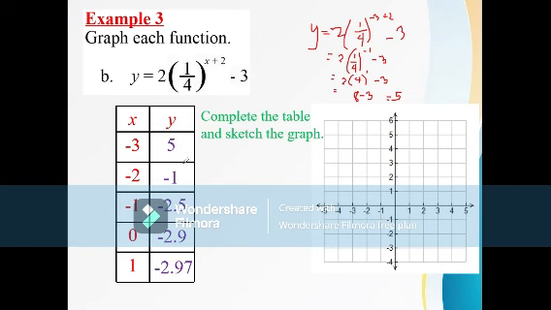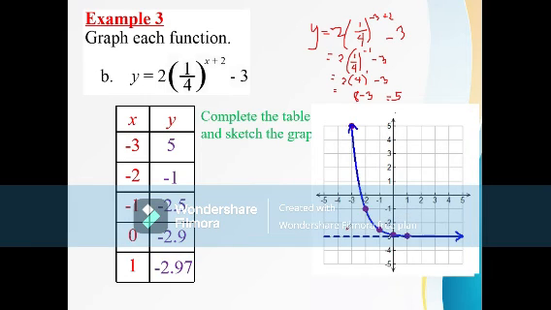So after completing the table, we are now ready to plot the points on the graph. Okay, let's start. If x is negative 3, the value of y is 5. This is the point. If x is negative 2, the value of y is negative 1.